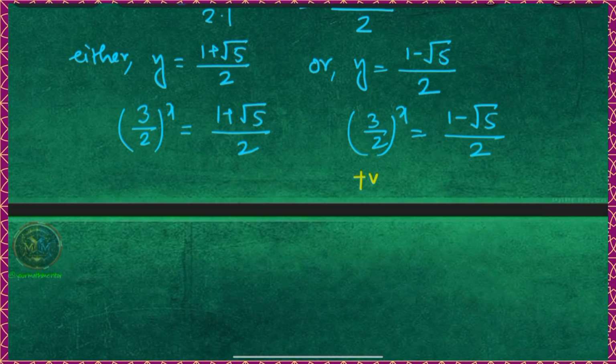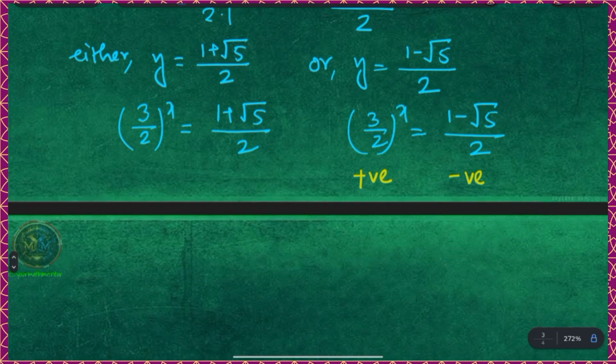So this portion is positive, but the other portion is always negative. Why? Root 5 is always greater than 1, so 1 minus root 5 is always less than 0, meaning negative. So this portion is rejected. We cannot accept it.